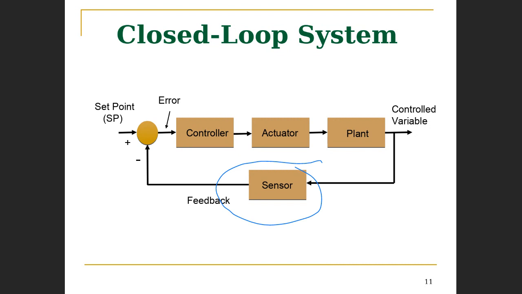The sensor is providing measurement of our control variable and providing this measurement for comparison with our set point. So the key difference between the closed loop system and the open loop system is that the closed loop system incorporates feedback. And feedback here is providing information about the variable that we're seeking to control. Okay, so that's the closed loop system block diagram.